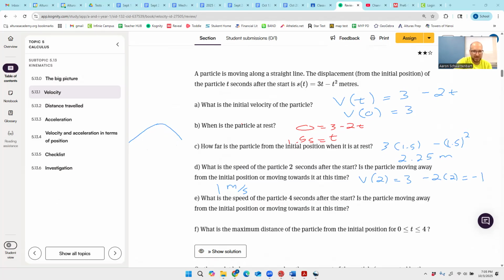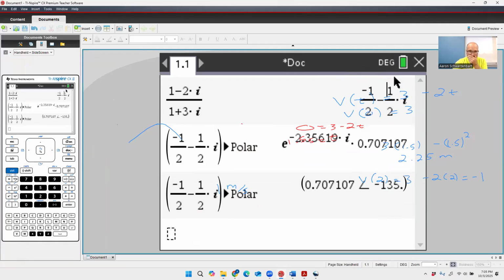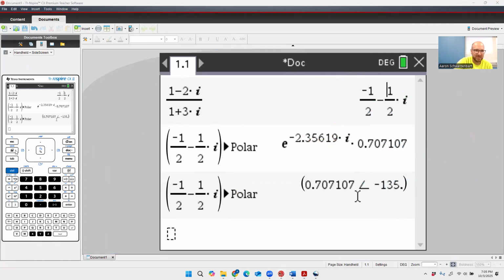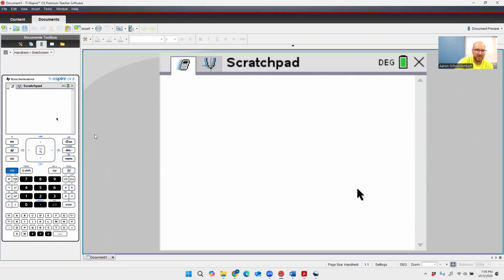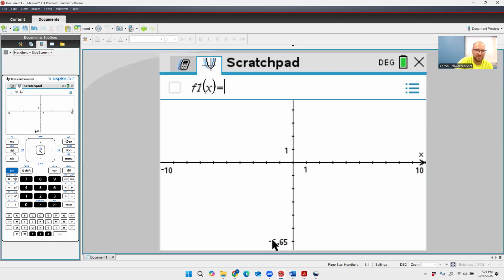But we could take a look here at the graphing calculator and see what this looks like. So we know the speed is 1 meter per second. We're going to make a graph of the position function, which is 3x minus x squared.